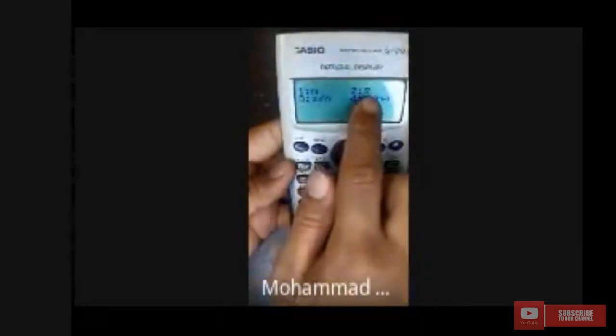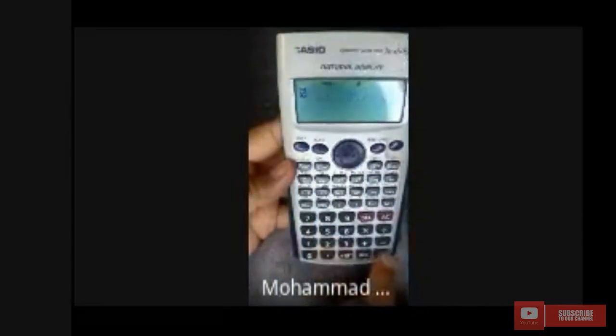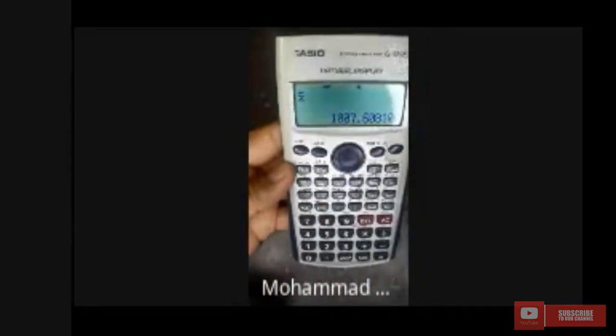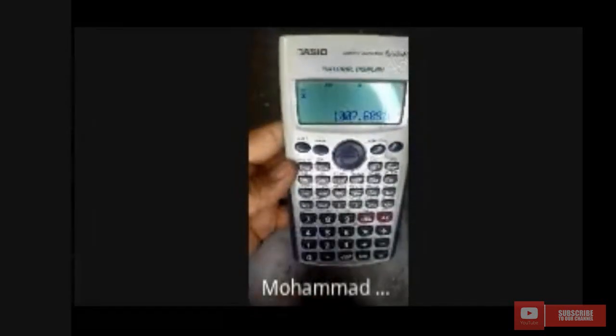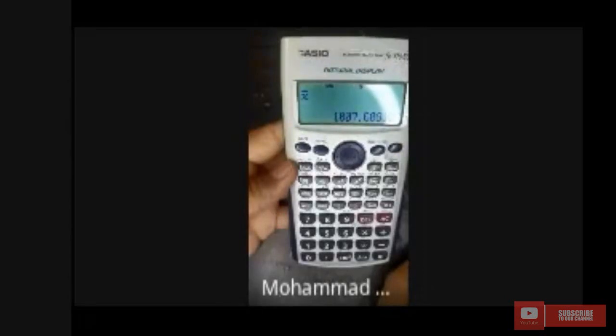Dan kita akan nampak dekat sini nombor 2 dia tulis X bar. You tekan 2. Terus dapat the value of mean. Right? You tak payah kira pun actually. Okay? Right. Do you understand? Right, good.